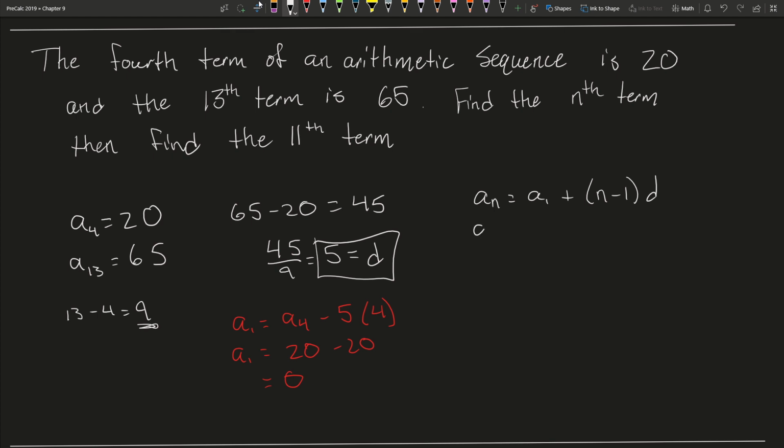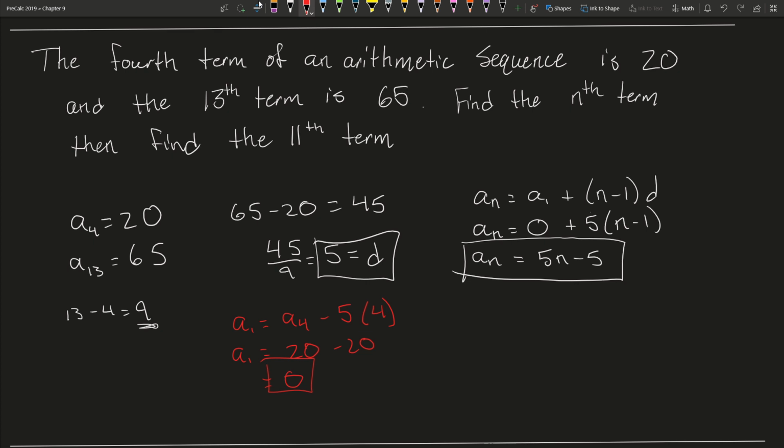All right, so an is equal to 0 plus 5 times n minus 1. From that, we can find the 11th term, and then we're done.